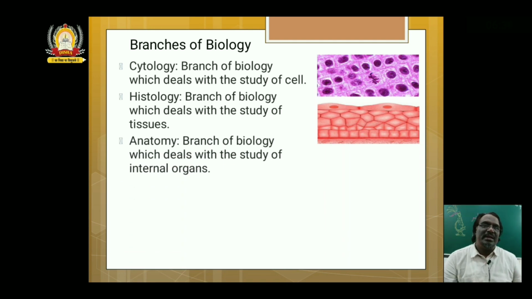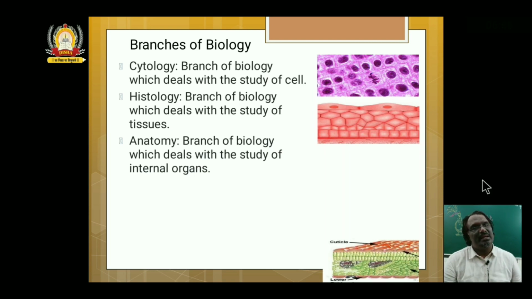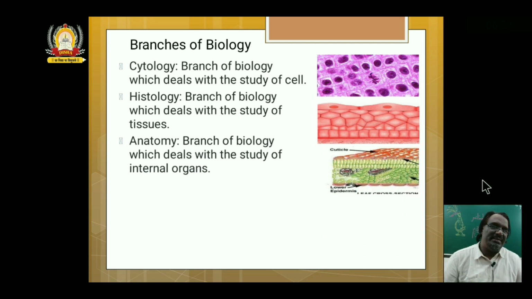Anatomy is a branch of biology which deals with the study of internal organs. In case of plants and animals, the main difference in study of anatomy is plants show a tissue grade organization, because they have external organs but no internal organs.